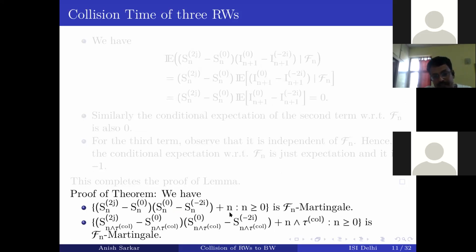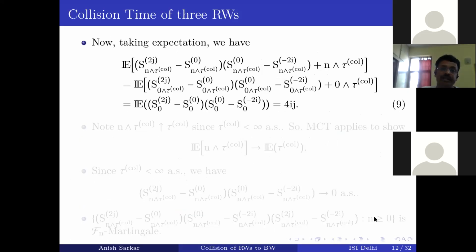I have shown that this is a martingale, so I get the stopped martingale. Then I use the next result, which is that the expectations remain constant. So the expectation at any n is the same as the expectation when I replace n by 0. Tau collision is actually greater than or equal to 1, but the minimum value it can take is 0.